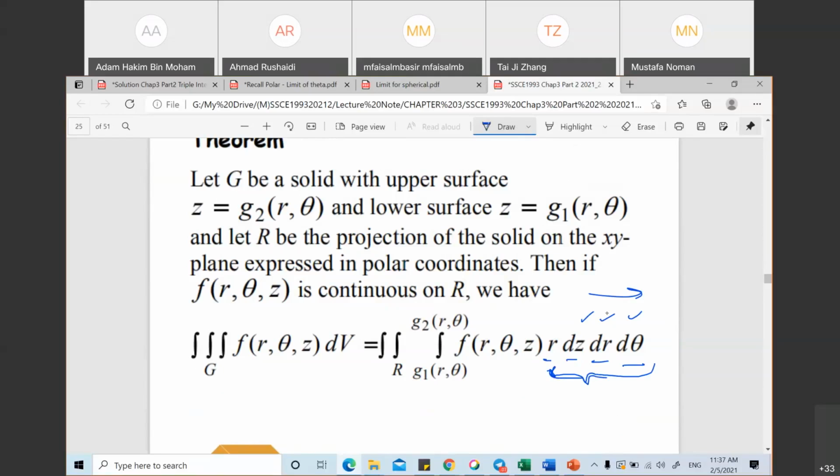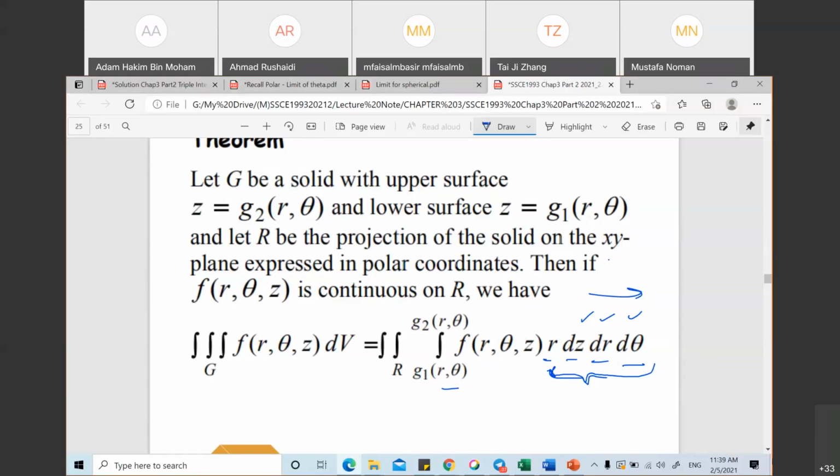So this f is a function of r, theta, z. It cannot be any x, y. Your region for this dz should be a function of r and theta.